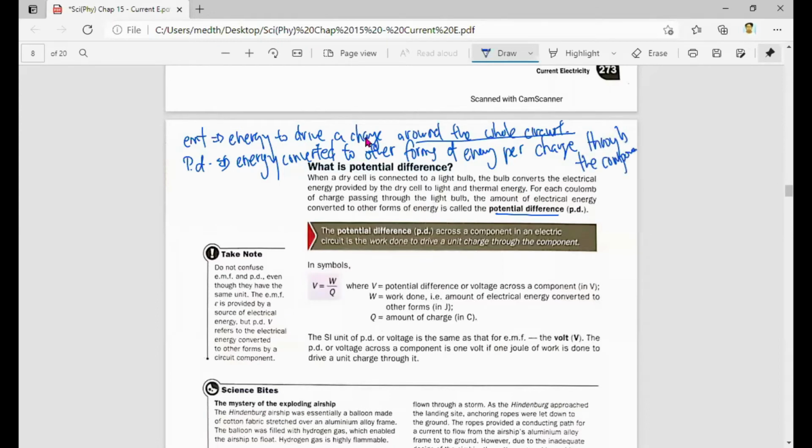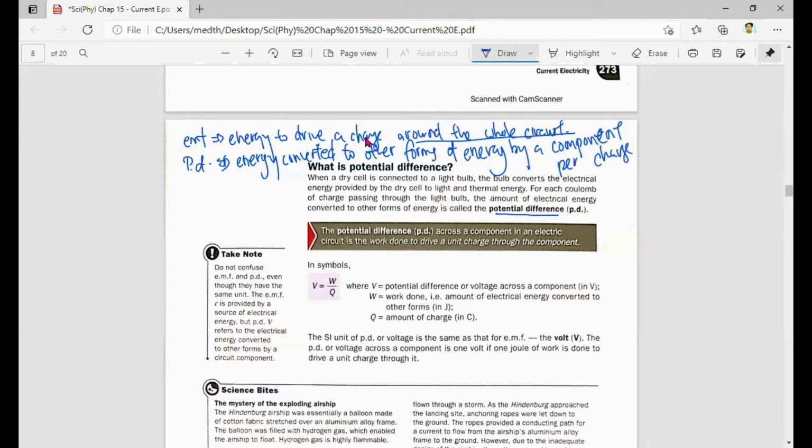So EMF normally refers to the battery because it's driving the charge around the whole circuit. Whereas when we talk of potential difference, what we are looking at is energy converted to other forms of energy by a component per charge.